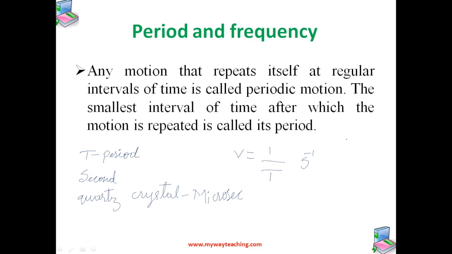After the discovery of radio waves, a special name was given to the unit of frequency, after Heinrich Hertz. So usually we say that the unit of frequency is Hertz. Frequency is expressed in terms of Hertz. This is named after a scientist.